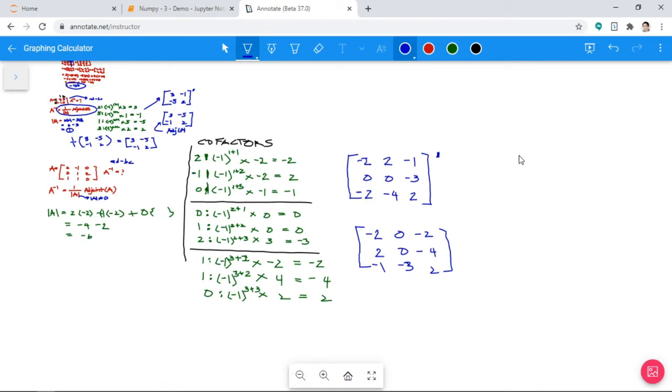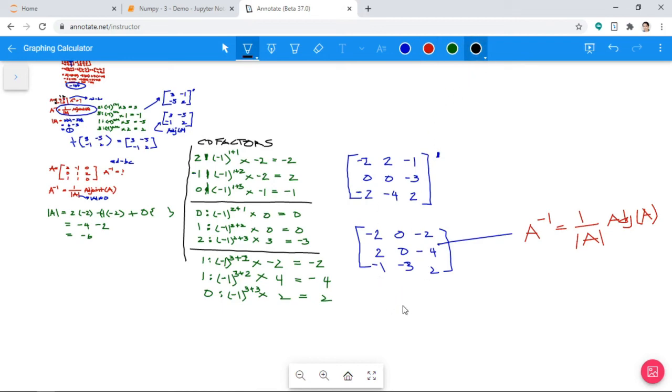So again, let us review the formula. The formula for the inverse is this one: A inverse is equivalent to 1 over the value of our determinant, times the adjoint of A. We already have the adjoint, and we already have the value of the determinant.